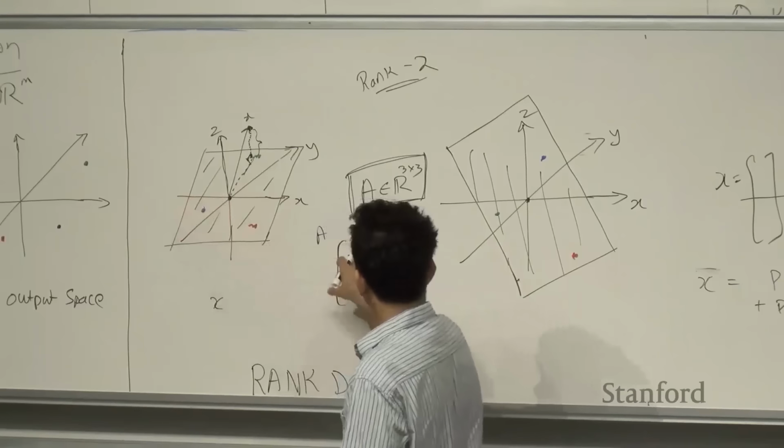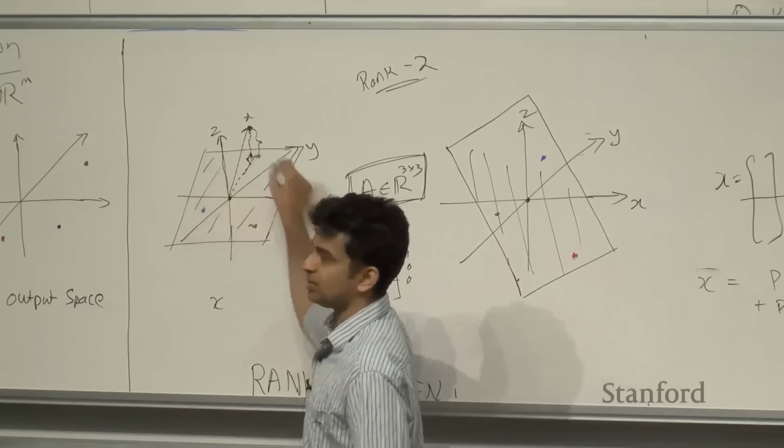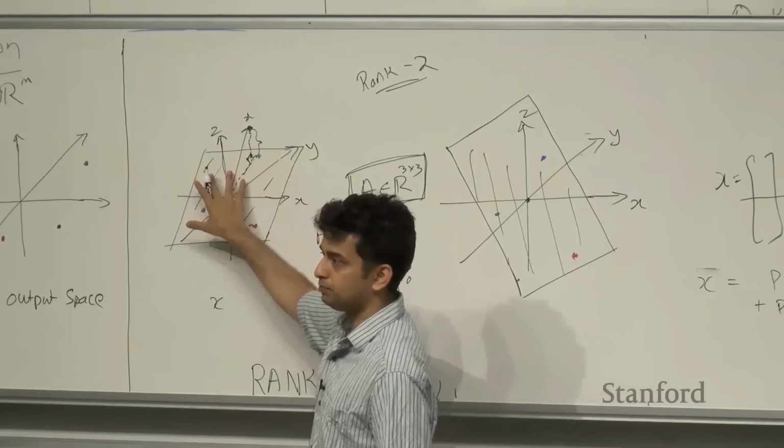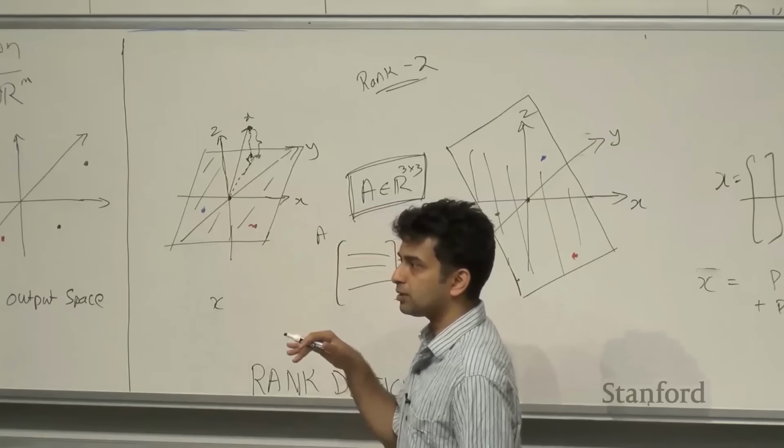Which means the first row exists at some point in the subspace. Does that make sense?